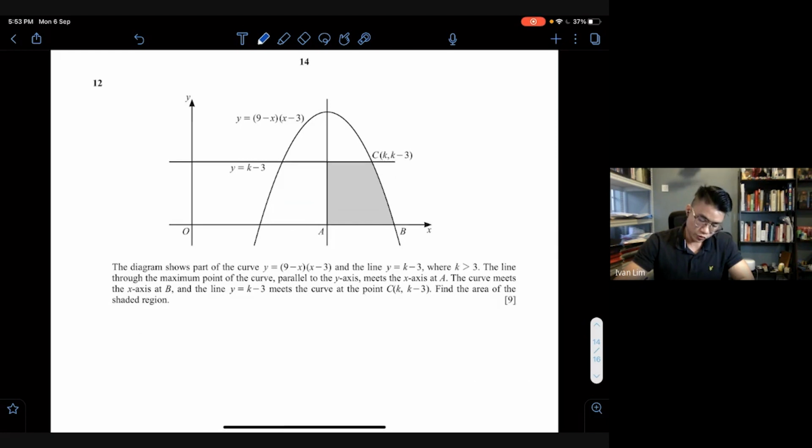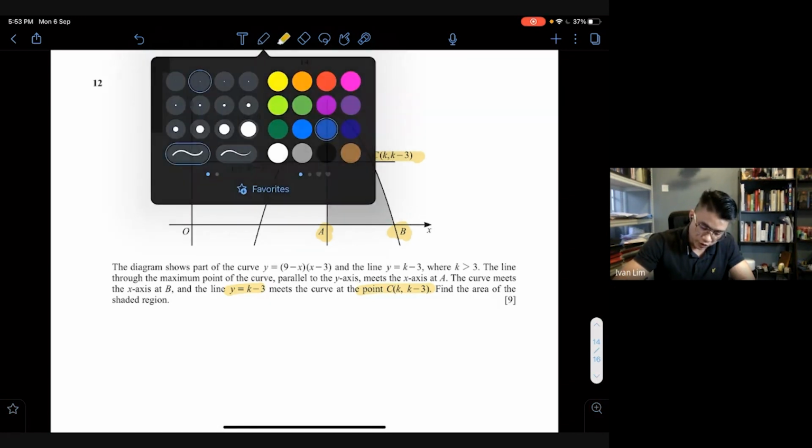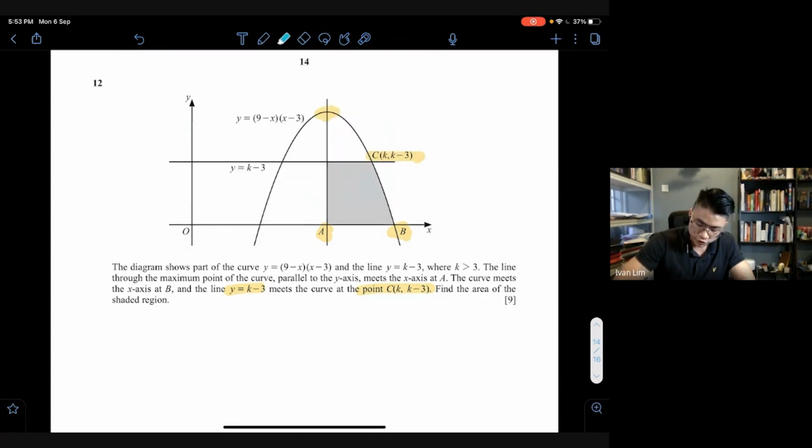The line through the maximum point of the curve parallel to the y-axis meets the x-axis at A. The curve meets the x-axis again at B, and the line y equals k minus 3 meets the curve at the point C. So over here, find the area of the shaded region.